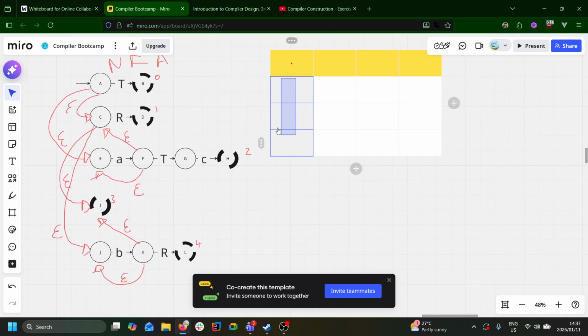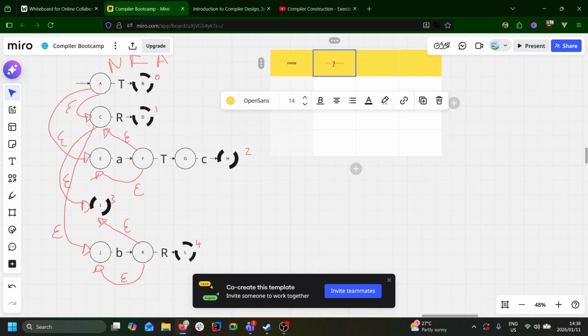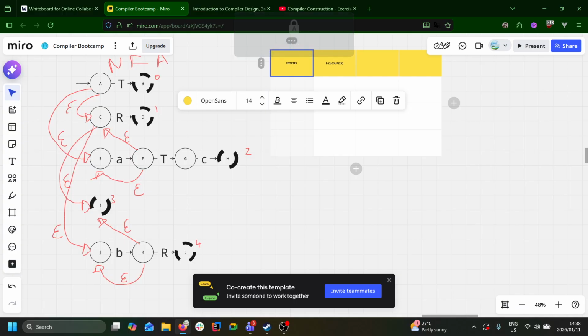So this table is going to have a column for states, and you also have a column for the e-closure of those states. I like to say the states here represent the value of x, so you can just say x instead of the word states.